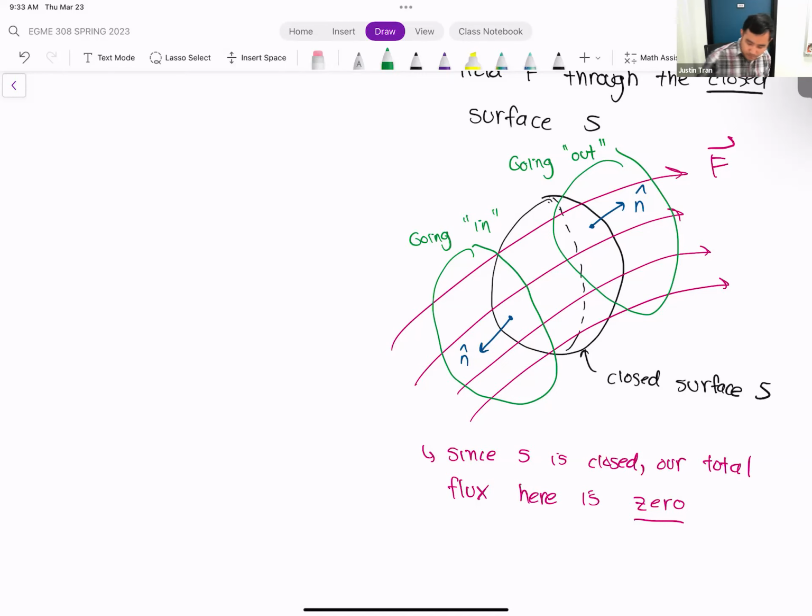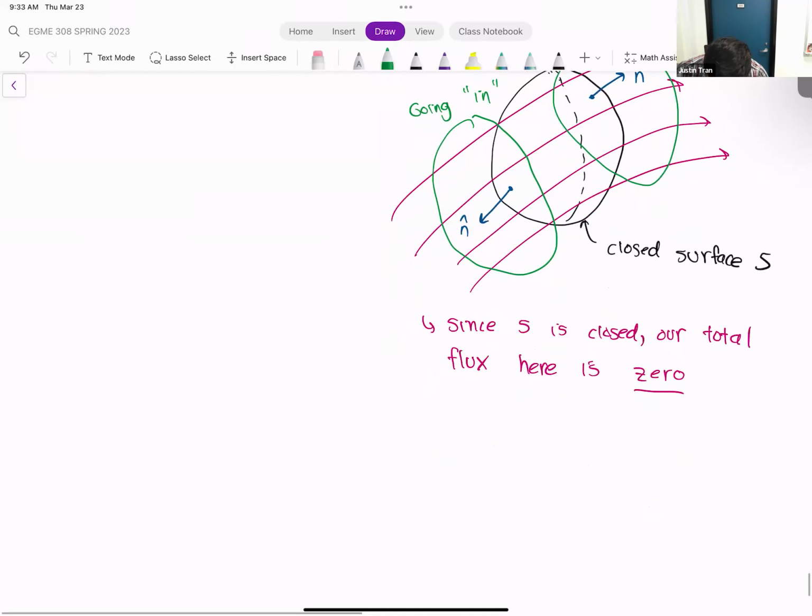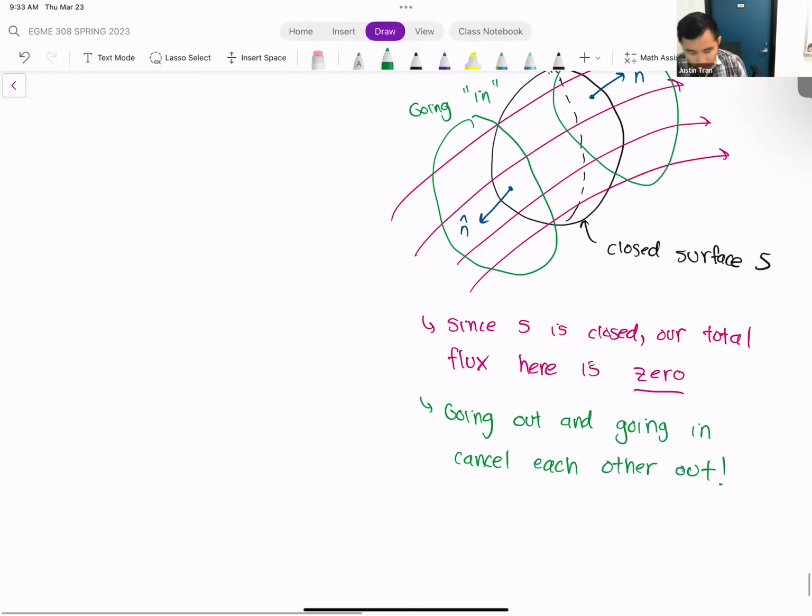Okay. The parts that are going out and the parts that are going in cancel each other out.